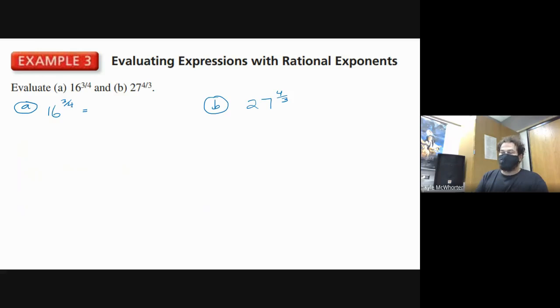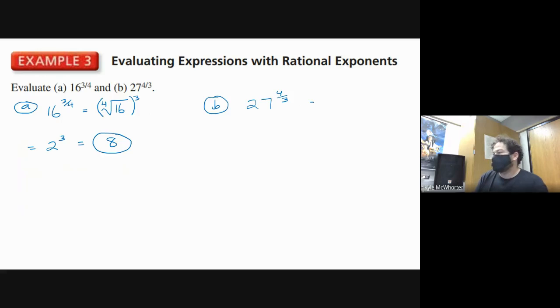The number on the bottom of the fraction is our root, so this is the fourth root of 16 raised to the third power. The fourth root of 16 is 2, because 2 to the fourth is 16. So now we're doing 2 to the third, which is 8. So 16 to the 3/4 power was 8. We took the fourth root and raised it to the third power.